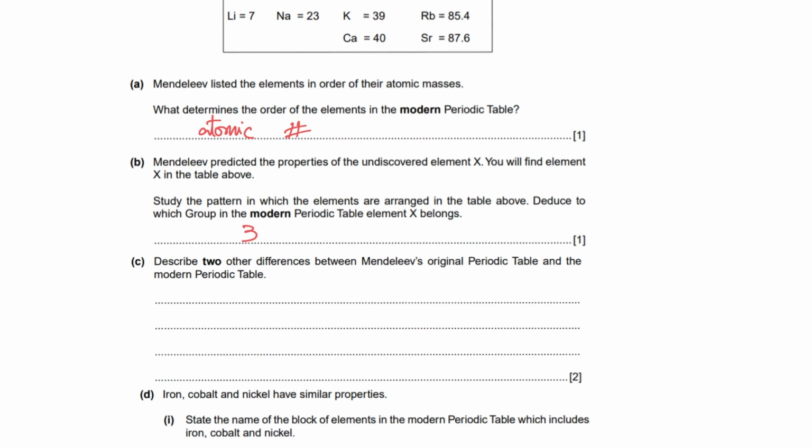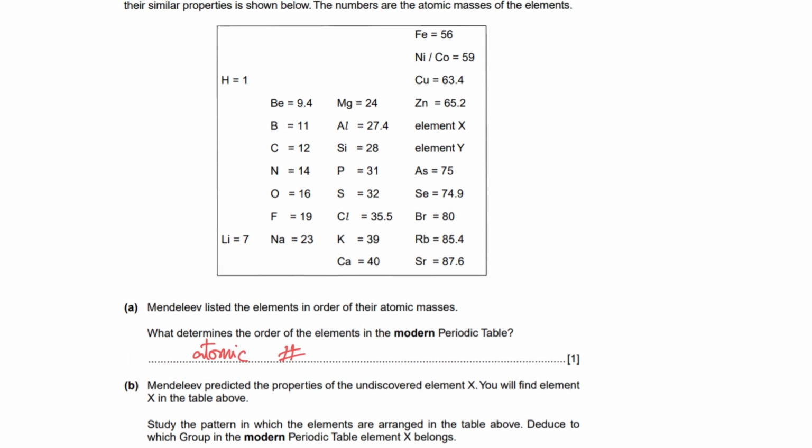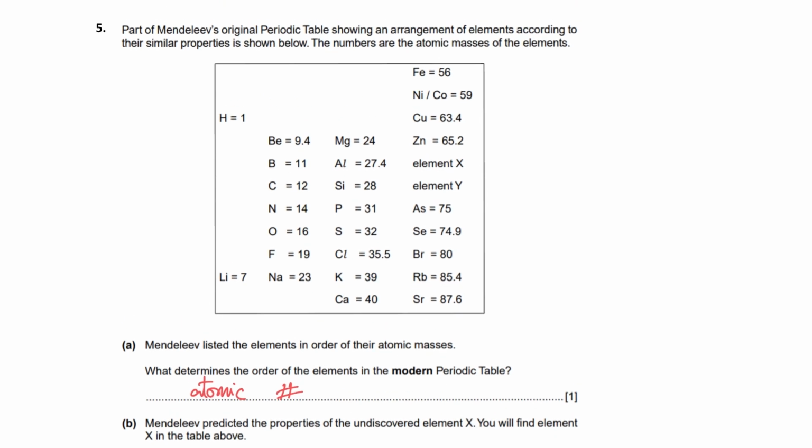Describe two other differences between Mendeleev's original periodic table and the modern periodic table. Notice that in this periodic table you might have periods like beryllium, boron, carbon, nitrogen, all in the same period, but the period is right now vertical. Similarly, lithium is in the same group as hydrogen these days, but right now that's not the case.